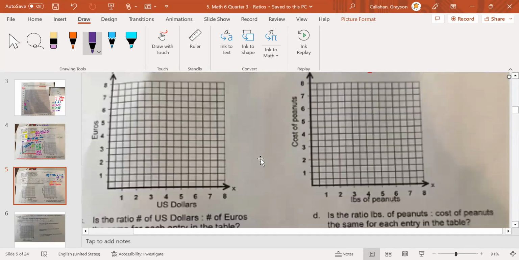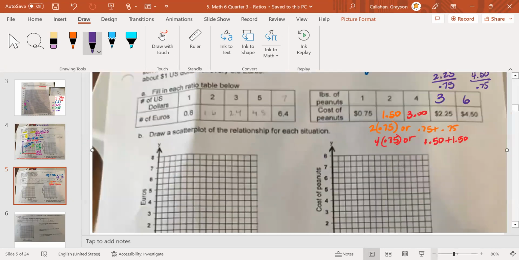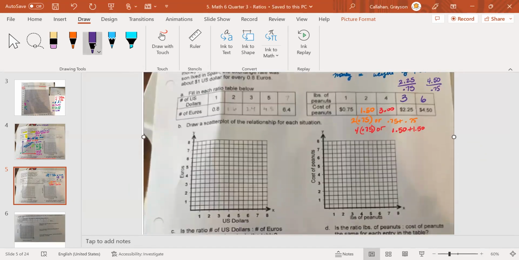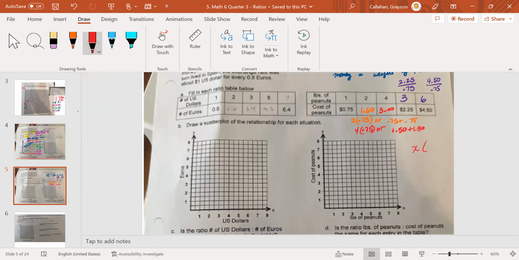Okay. So then over here, we're gonna go ahead and graph them. When we graph them, remember your X value is gonna be the pounds of peanuts, and your Y is gonna be the cost, right? So your first one is 1, 0.75, and that's gonna be right there.